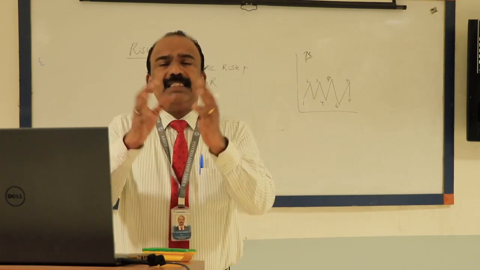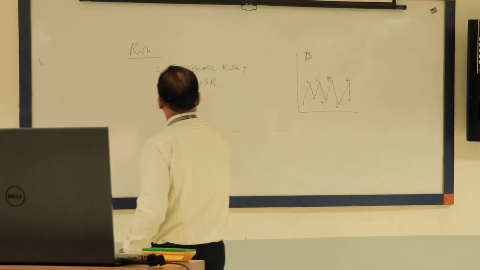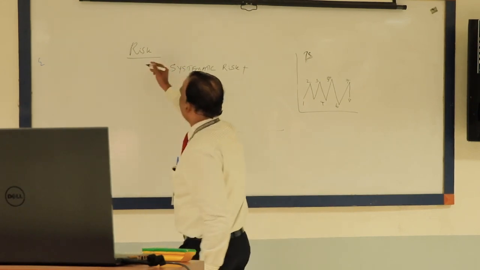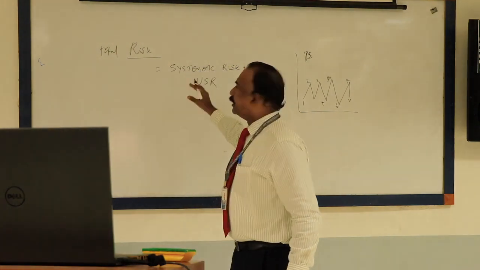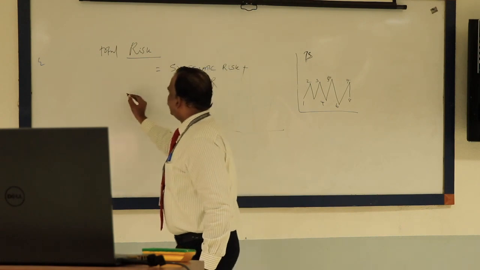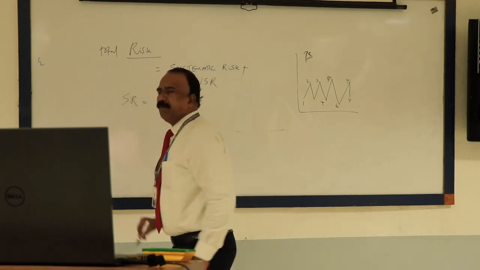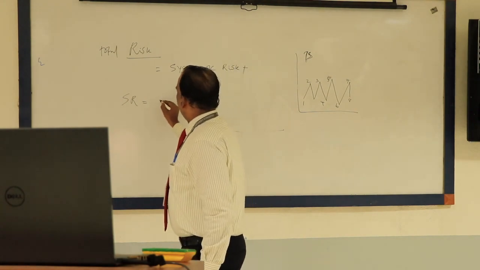Okay. Now, this systematic risk can be classified into three broad categories. The total risk is equivalent to systematic risk plus unsystematic risk. Now we are talking about systematic risk. So what is systematic risk?